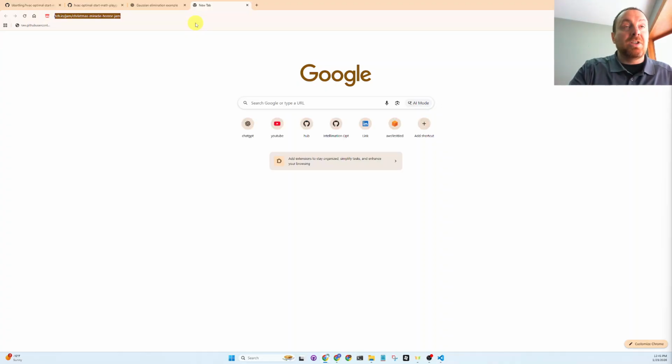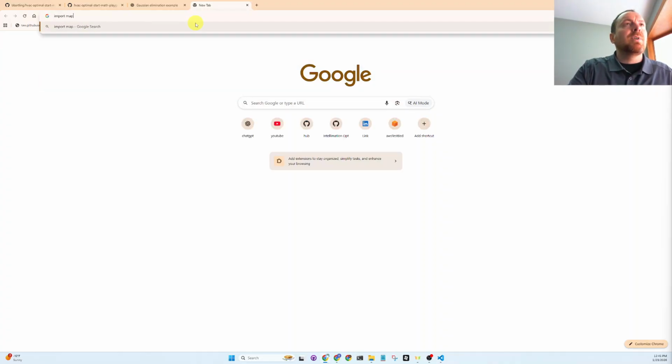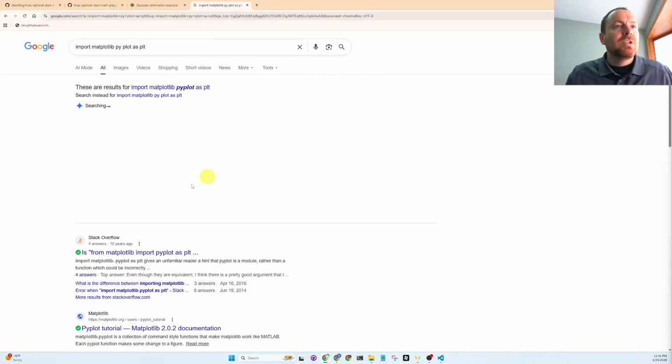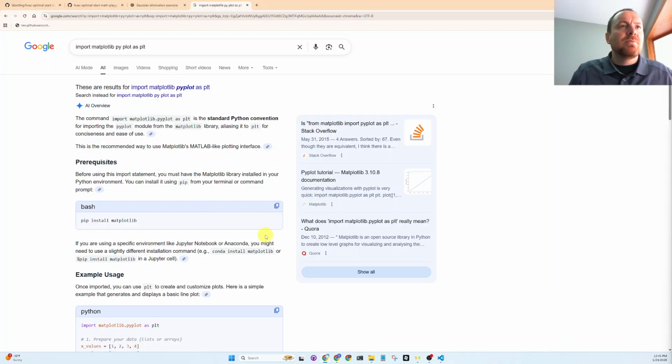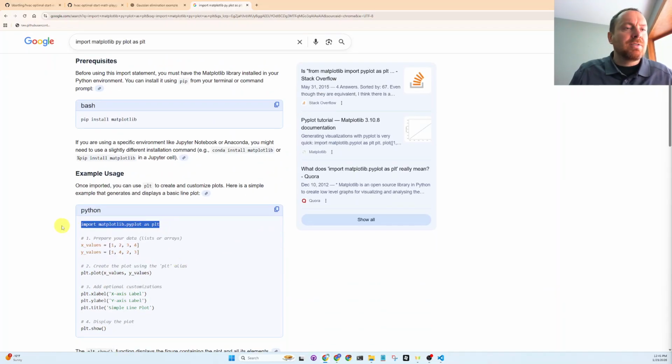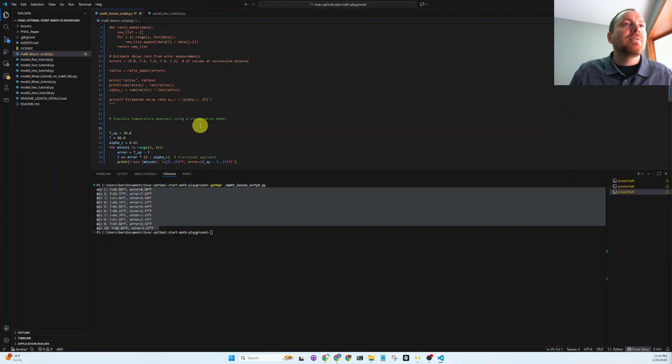I just can't remember the imports. Matplotlib pyplot as plt. So I'm just cheating here and Googling how to import this. This is just a plotting library for Python.